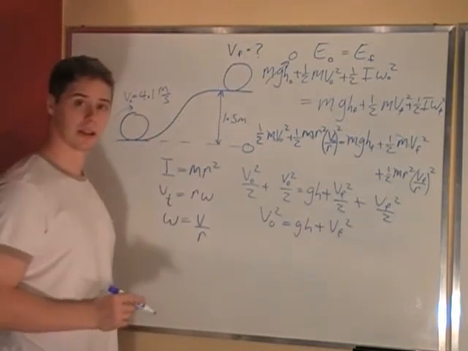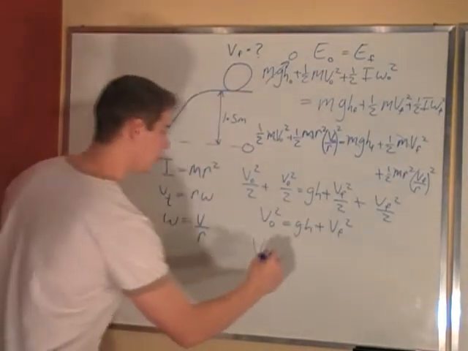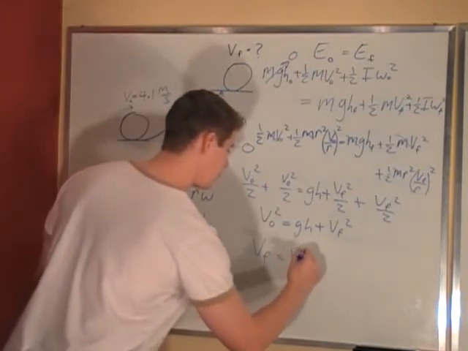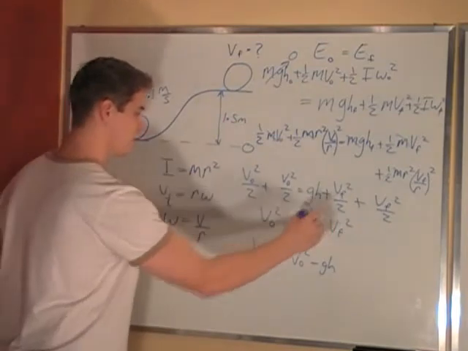All we're trying to do is calculate v final. So I take my gh to the other side, minus gh. Take the square root of both sides to get rid of this squared.